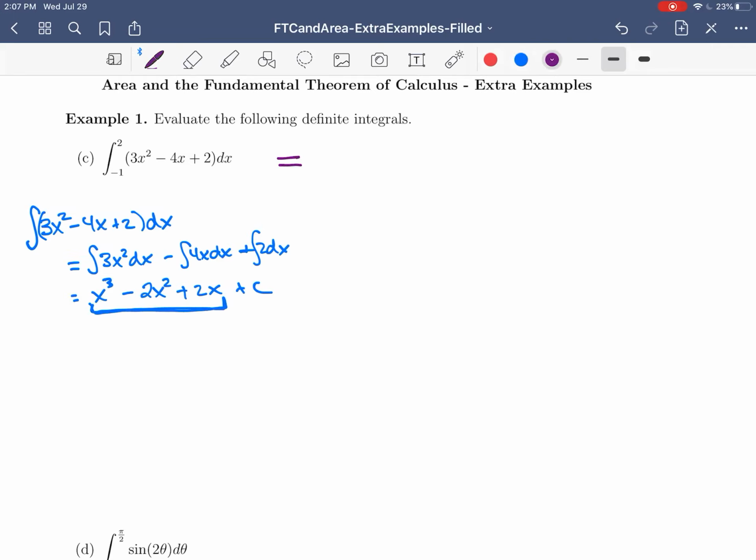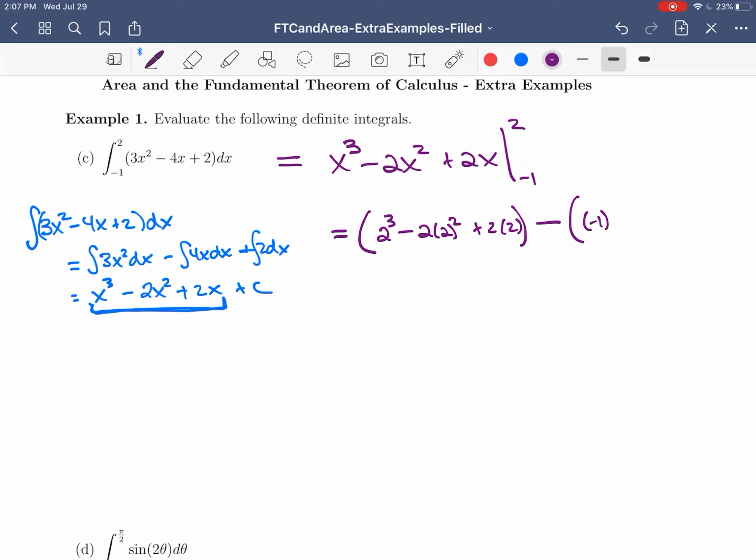So this is going to be that antiderivative, x cubed minus 2x squared plus 2x, evaluated from -1 to 2.